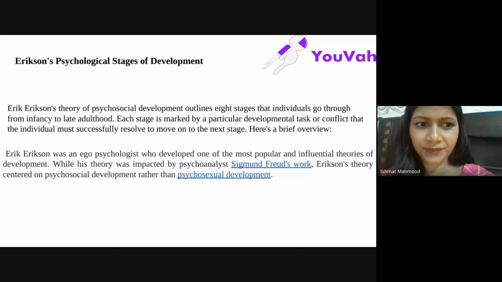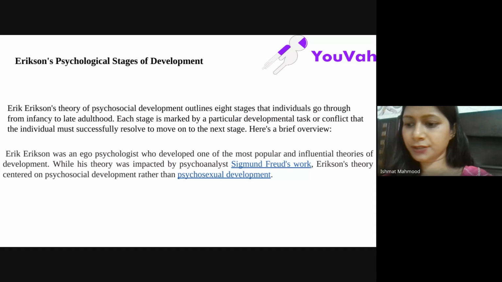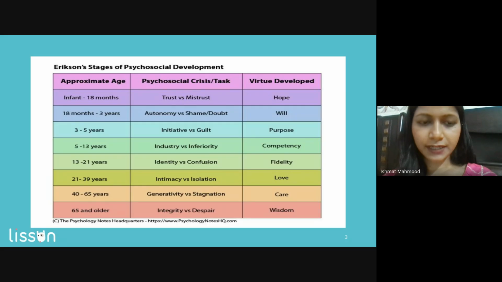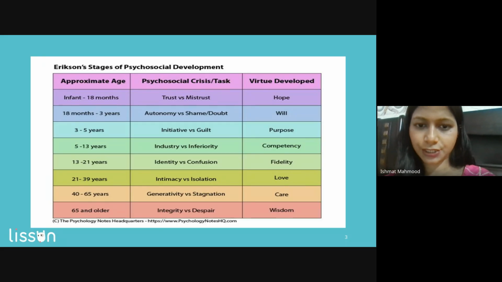Yes. Okay. So today we'll be talking about the developmental stages. First we'll go with Erikson's psychosocial stages of development. Erikson has divided his developmental theory into 8 stages. Here are the 8 stages.